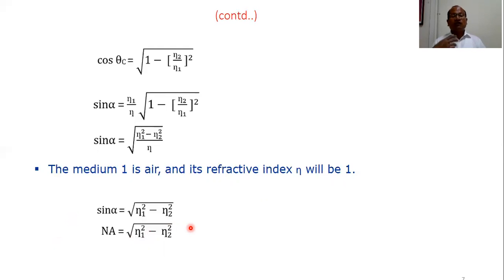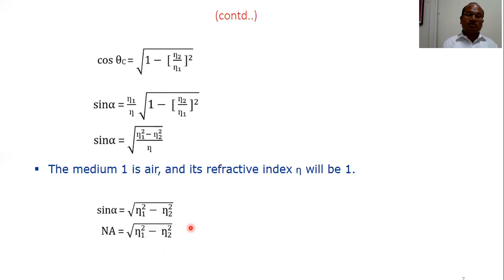n1 and n2 are refractive indices. Do these refractive indices depend on the material composition, material design? Yes. If the material composition changes, the refractive index profile changes. We'll discuss different refractive index profiles later in subsequent lectures.